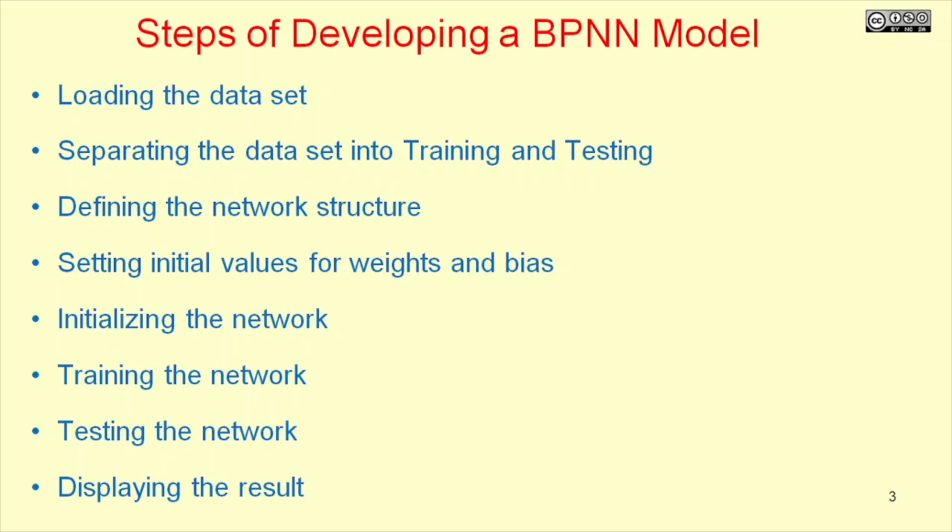First of all, we need to have data about the model, that means the kind of intrusions carried out by the user. Once you have the data, the various steps are already explained in the previous presentation: loading the data, separating the data into training and testing, defining the network structure, setting the initial values for weights and bias, training the network, testing the network, and displaying the result.